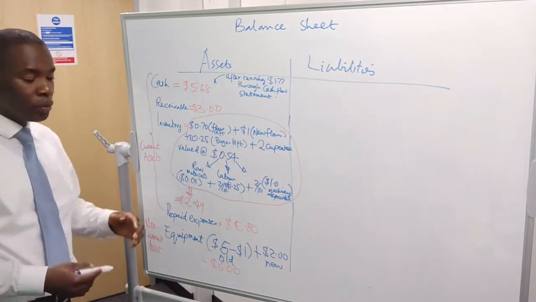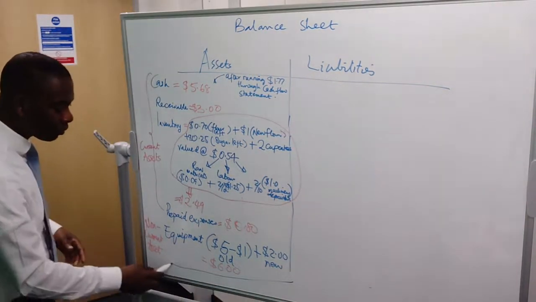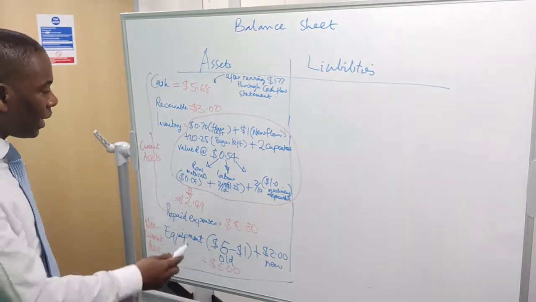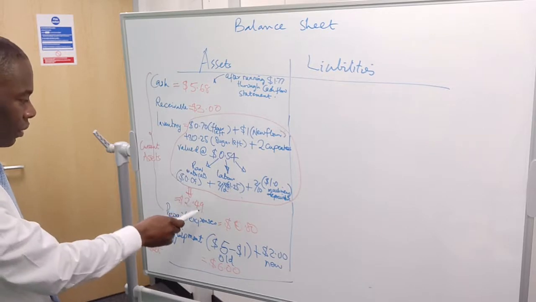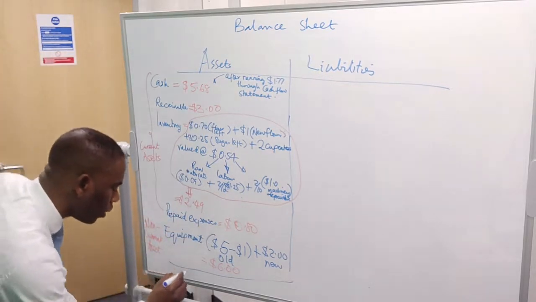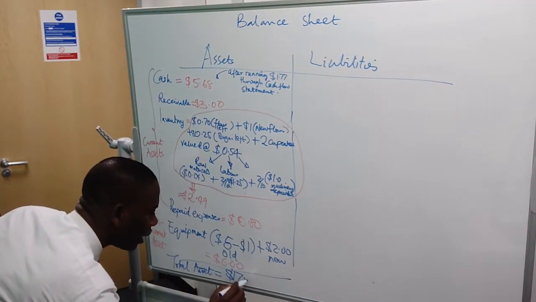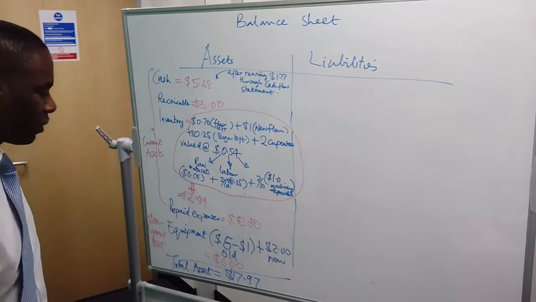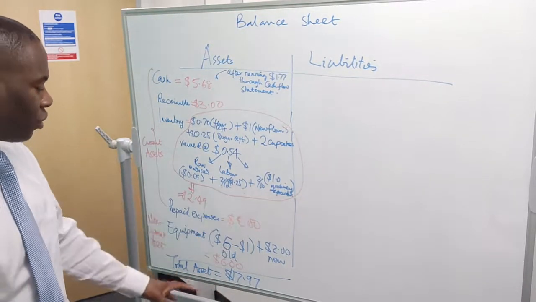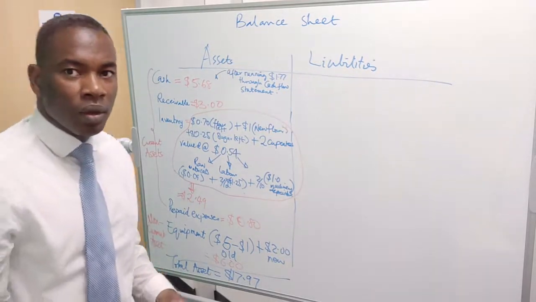When you put all this together, you are going to have a grand total of $17.94 or $0.07. That is your total asset.